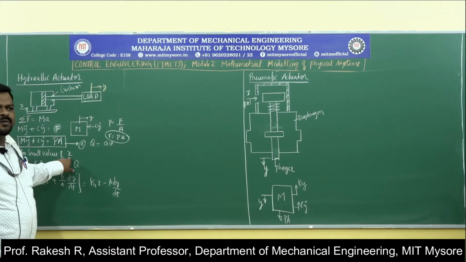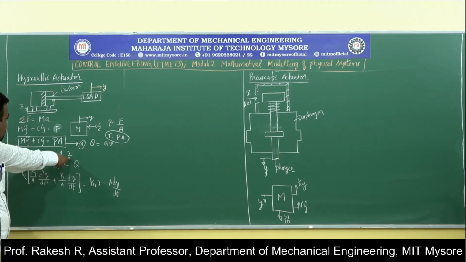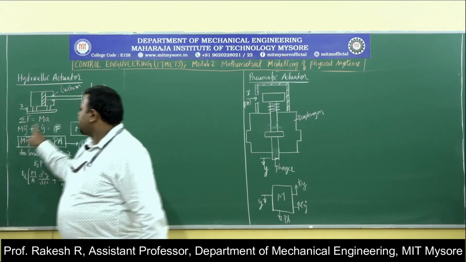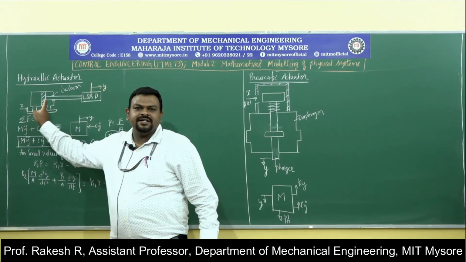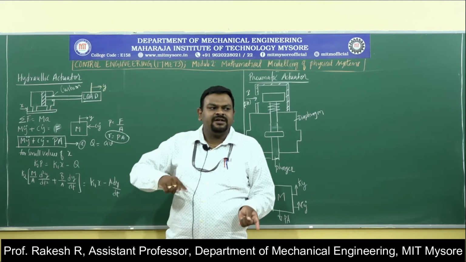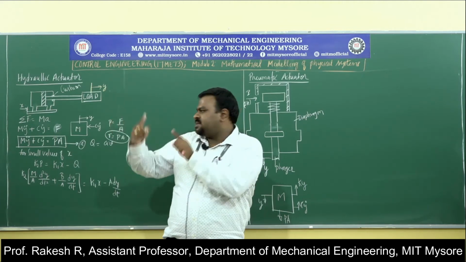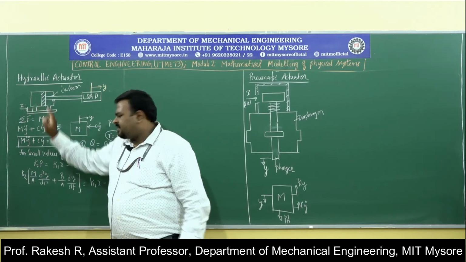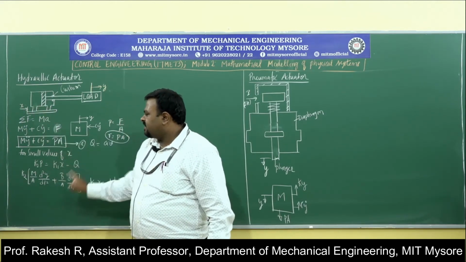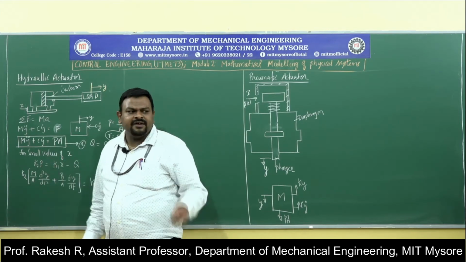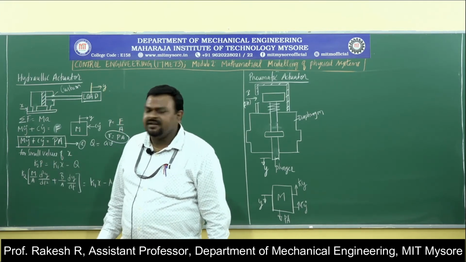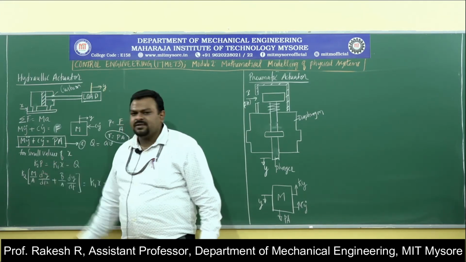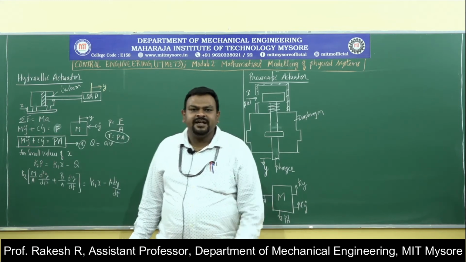If I consider a small displacement value of x, that means if I apply some force F here, it will move a distance of x. Say F1, X1, F2, X2, same principle. If I apply some force, it will make a displacement X. Taking that into consideration, I will introduce the constants K1 and K2.